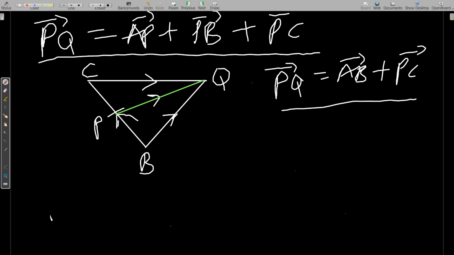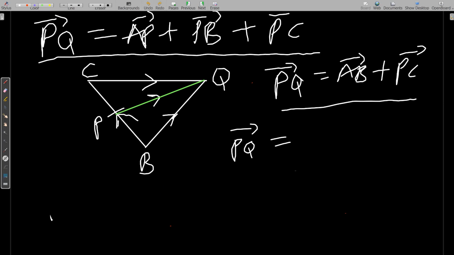PQ can be rewritten in terms of these. You realize that this is a triangle. Let me take that triangle out. I like using diagrams so that you understand. Now this is our PQ, and in terms of B, or maybe using C, let's use the C aspect.